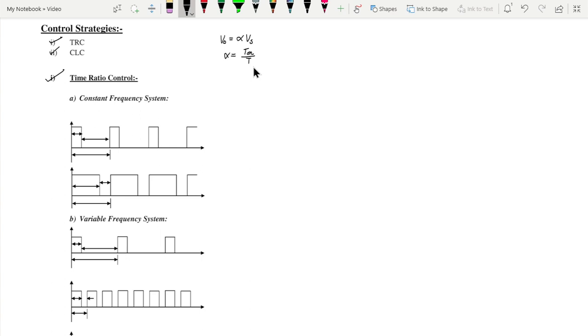So here one is called constant frequency. Constant frequency means we are not changing T, we are changing T on.